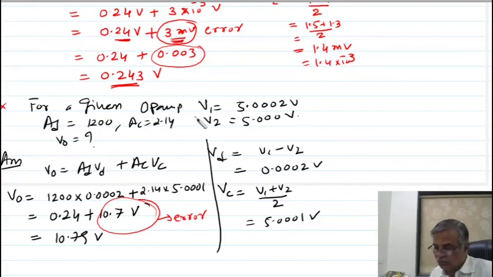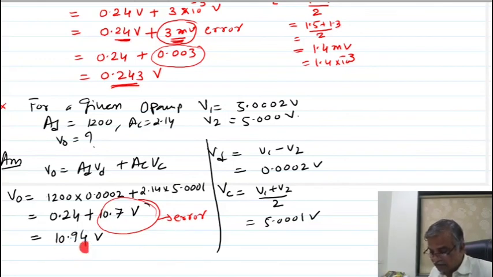Look here at what I did in this problem. I have to calculate VO for this input voltage. VO is ADVD plus ACVC. If VD you know, VC you know, I put the values. So due to differential input signal, your output is 0.24 volt. Due to common mode signal, output is 10.7 volt. Actually your meter should read only 0.24, but due to common mode signal it reads 10.94.